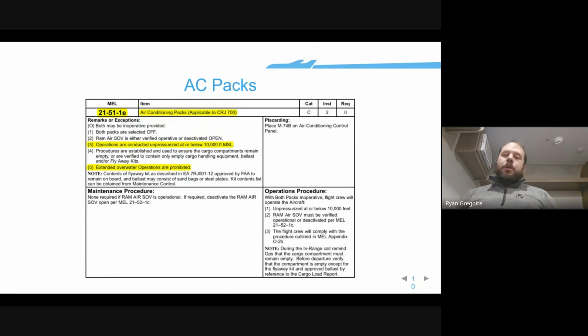Now, the other thing that could happen if you do have some sort of maintenance issue on the aircraft that is not covered by an MEL or a CDL, and usually this comes with significant aircraft damage, you might dispatch a flight with what's called a special ferry permit.